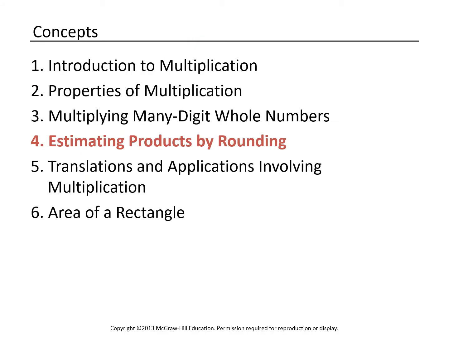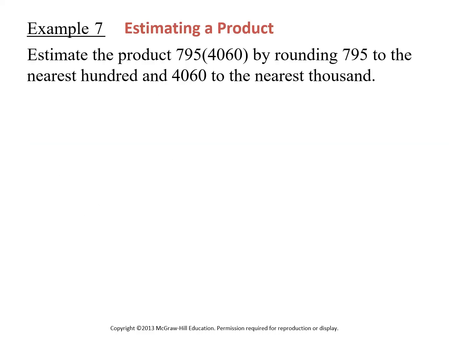Next, I'm going to estimate products by rounding. So to estimate the product of 795 times 4060, we're going to round 795 to the nearest hundred, and that gives me 800. And then I'm going to round 4060 to its largest place, the nearest thousand, which gives me 4000.